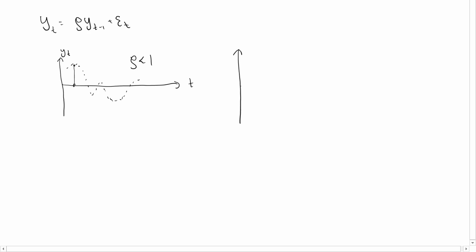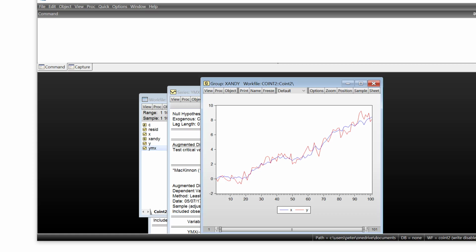For the AR(1) process where we have a unit root, rho equal to 1, there is no mean reversion. So if you like, the rubber band has been cut. There is no tendency for this process to revert to zero. No matter how big yT is, it's equally likely that it will go up as it will go down.